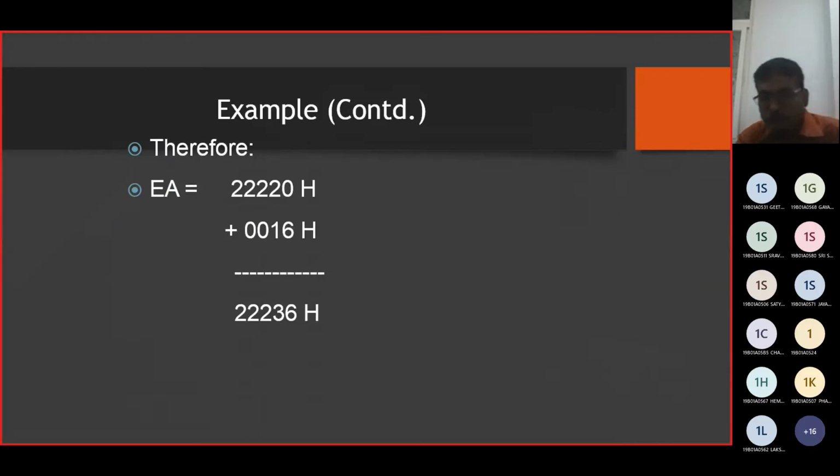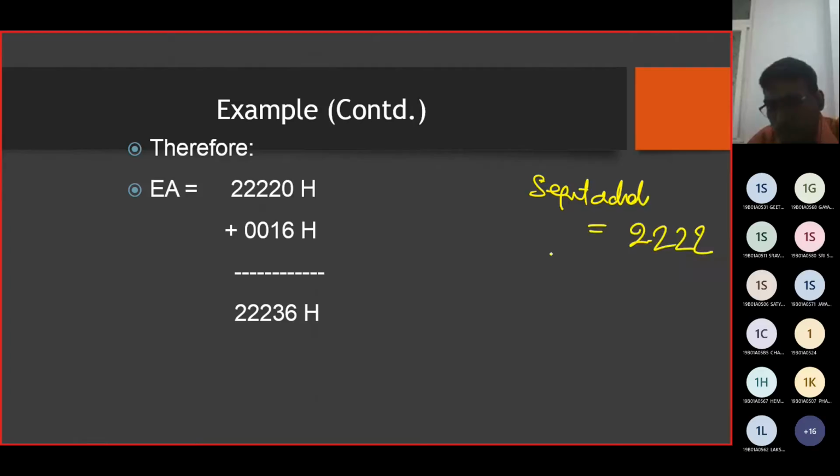Now, coming to this example, let the segment address be 2222, 16-bit only.